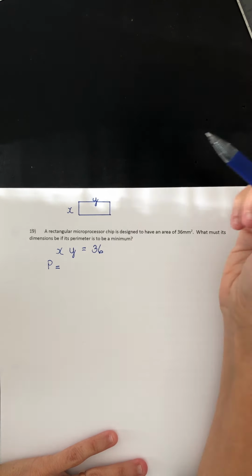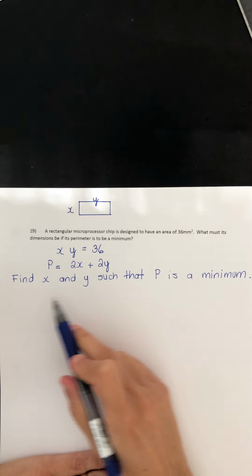So this time, what are we trying to do? Find X and Y such that P is a minimum. Okay? So we know how this is done.